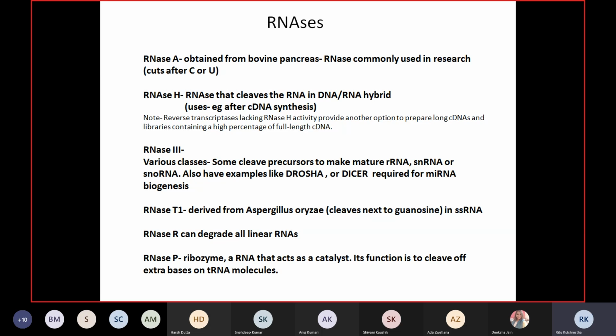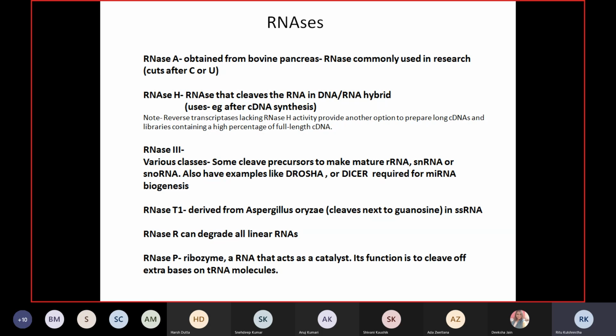Once it has made the complementary DNA, what we are left with is a cDNA-RNA hybrid. If I have to get rid of the RNA in the RNA-DNA hybrid, I go for RNase H. Now many labs are buying reverse transcriptases which have inherent RNase H activity, so it cleaves the RNA once the hybrid is made.